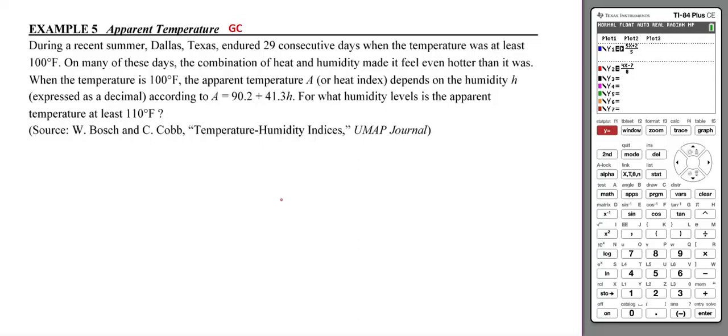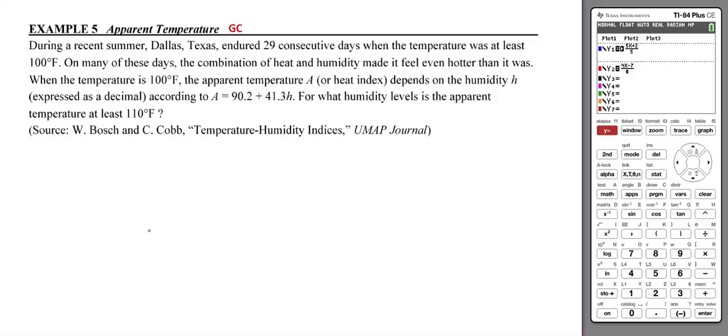When the temperature is 100 degrees Fahrenheit, the apparent temperature A, or heat index, depends on the humidity H, expressed as a decimal, according to A equals 90.2 plus 41.3 H. For what humidity levels is the apparent temperature at least 110 degrees Fahrenheit?